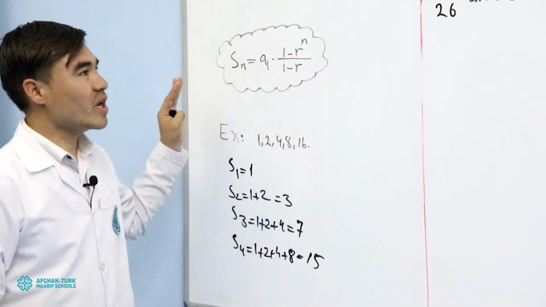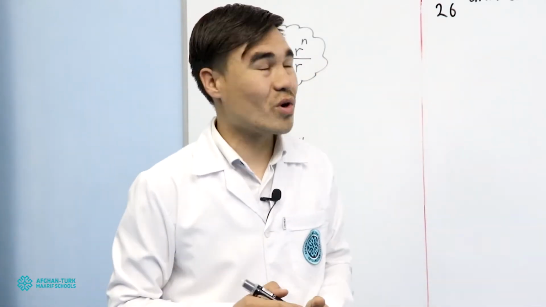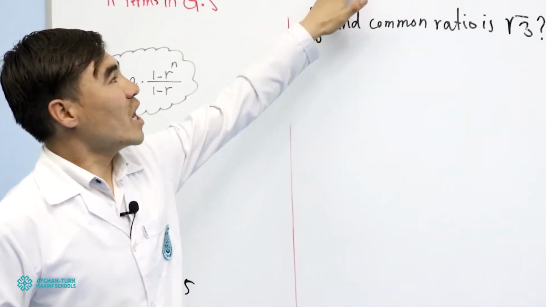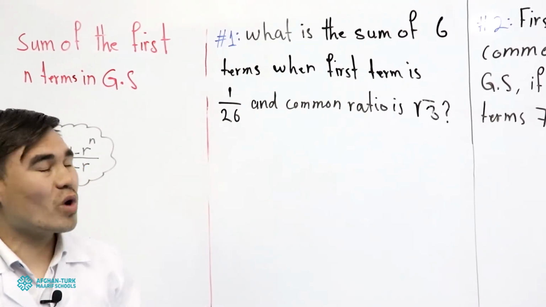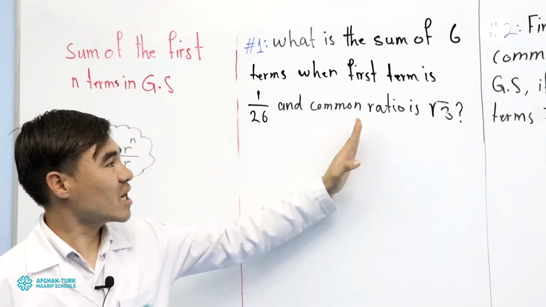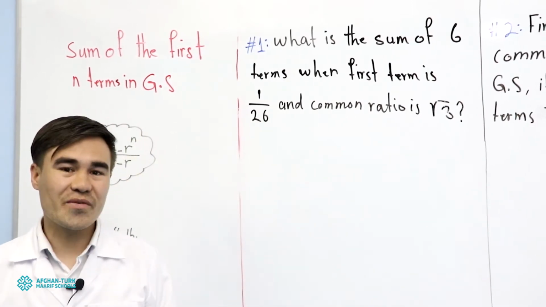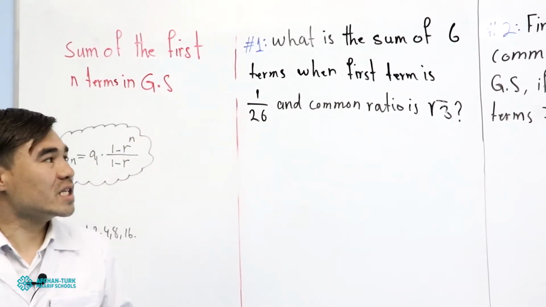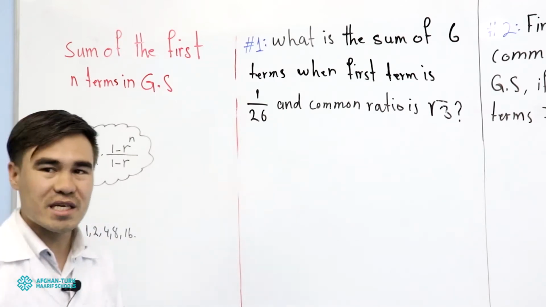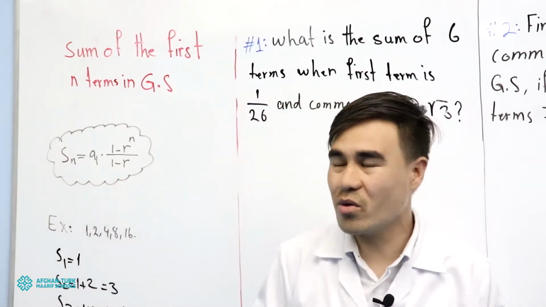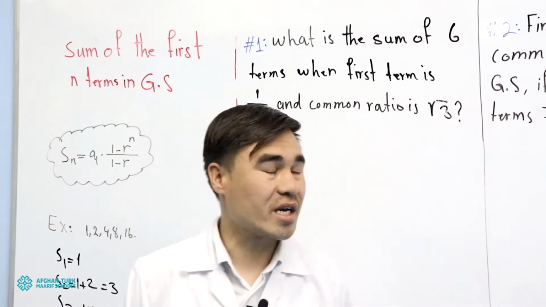Dear students, let's look at an example. What is the sum of the first 6 terms when the first term is 1 over 26 and the common ratio is equal to the square root of 3? How can we find it using the formula written here, Sn is equal to a1 times (1 minus r to the power of n) over 1 minus r?